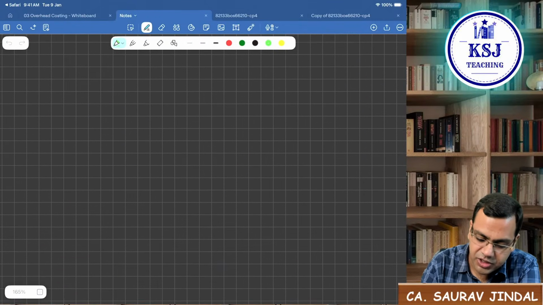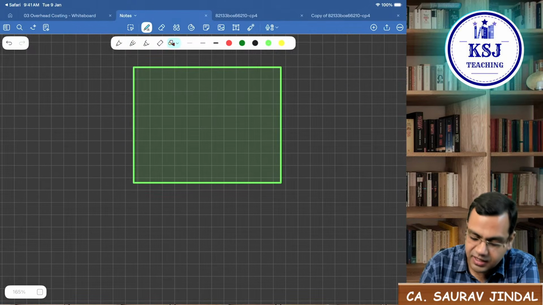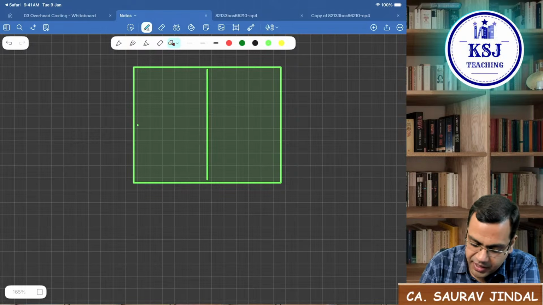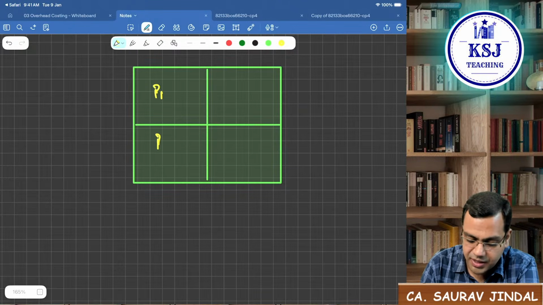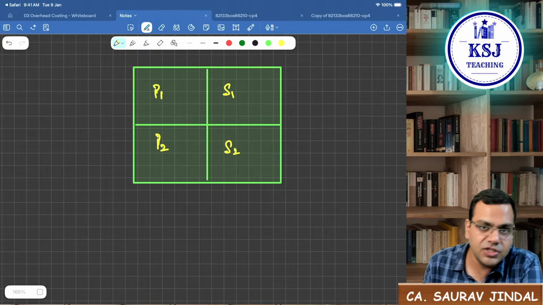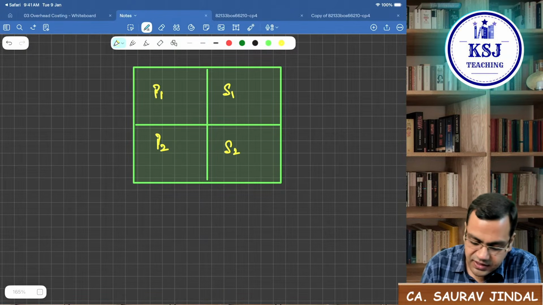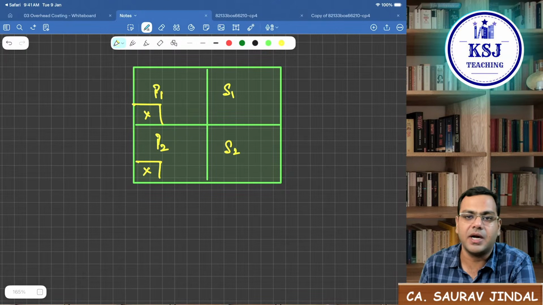In the absorption, what we are trying to do, this is what we did. This is my factory area divided into 4 departments: P1, that is a production department, P2, S1 and S2. Now after secondary distribution, all the overheads are accumulated in the production departments.